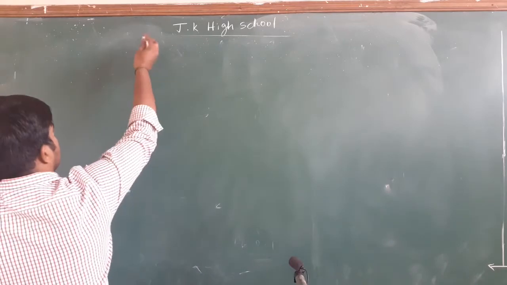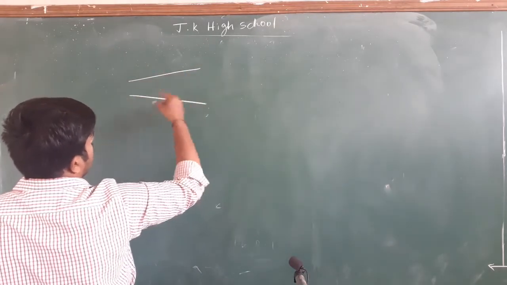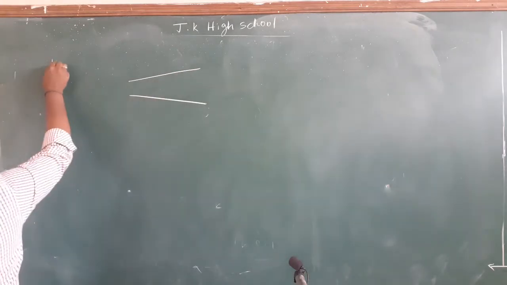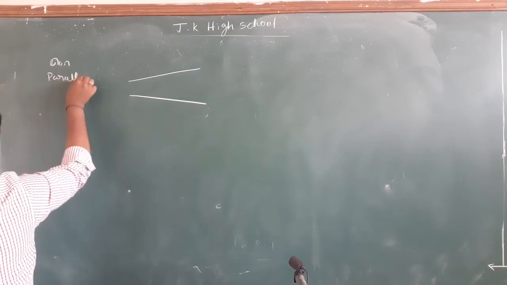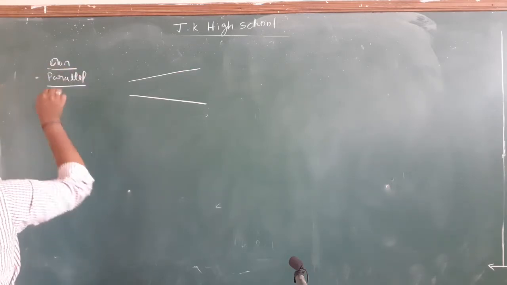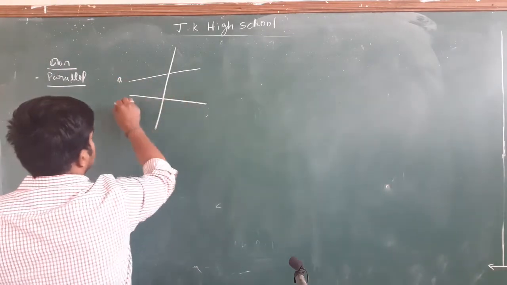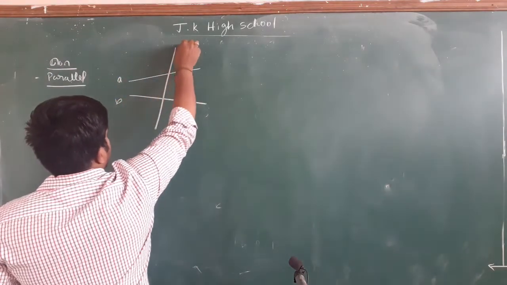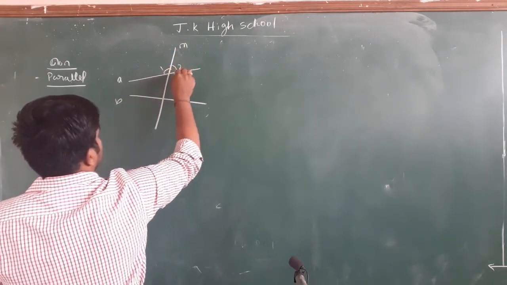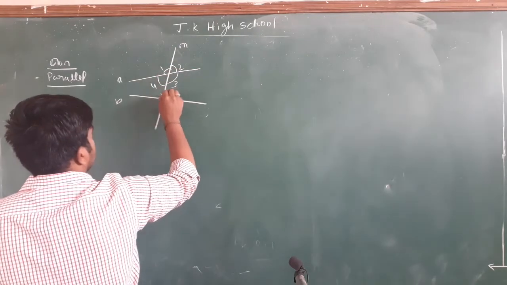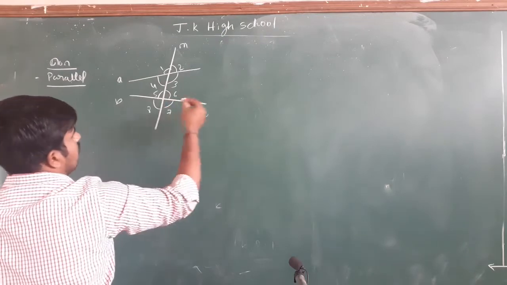Let's say this is the first condition where the pair of lines is non-parallel. This is non-parallel. Let's say A, B, and this is M, with angles 1, 2, 3, 4, 5, 6, 7, 8.